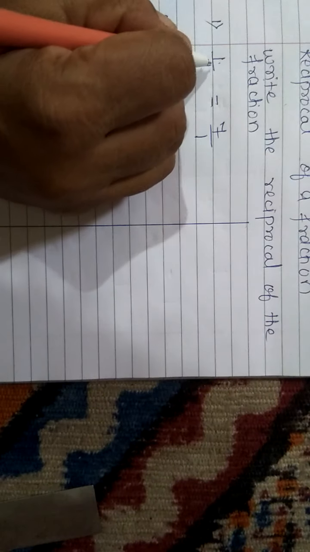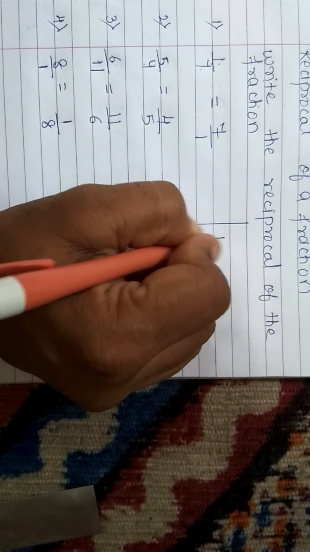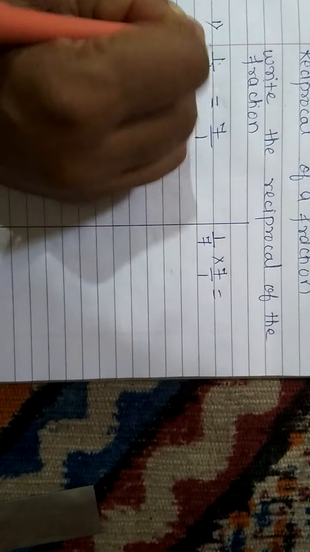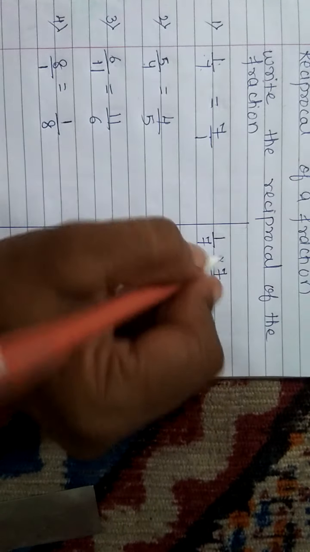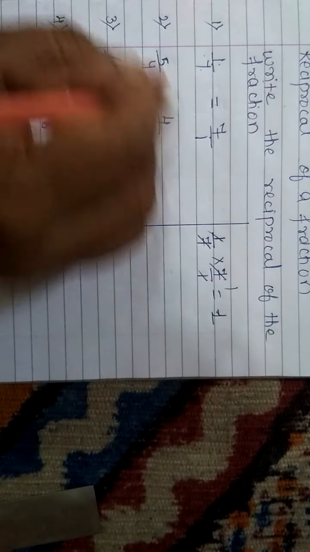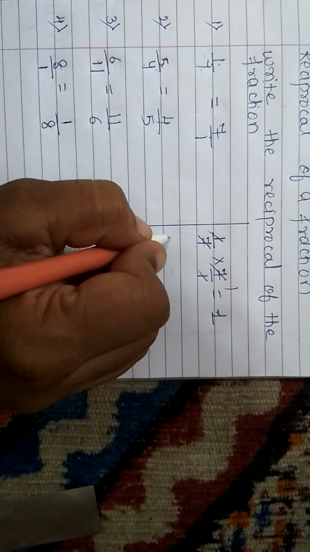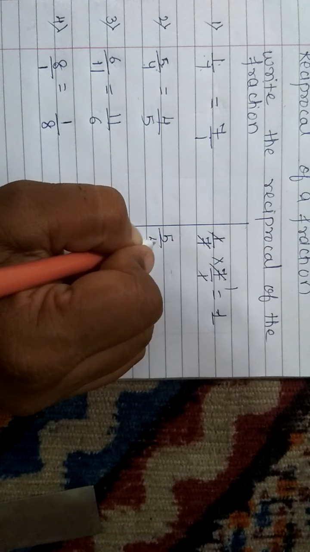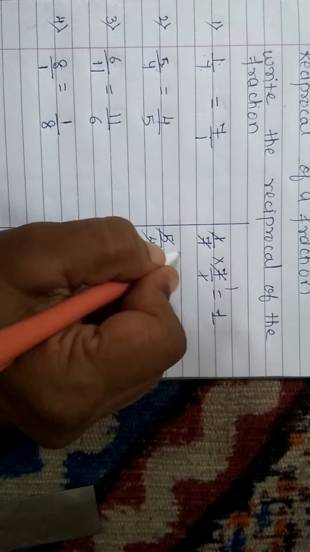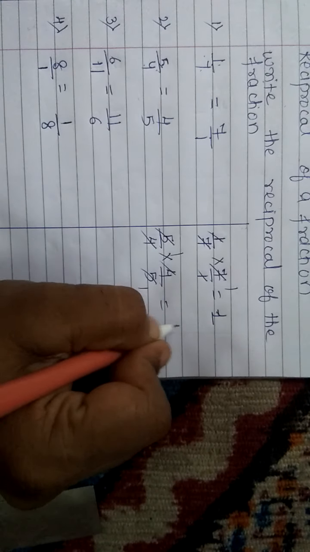Now children, if you do the product of these two numbers, 1 by 7 into 7 by 1, you will have 1. Now let's do the product of 5 by 4 into 4 by 5. Here again this will get cancelled, 1.